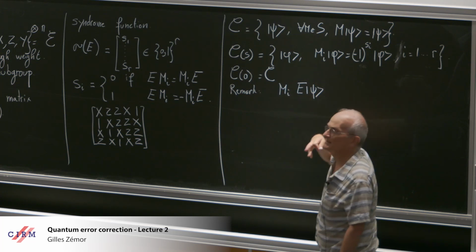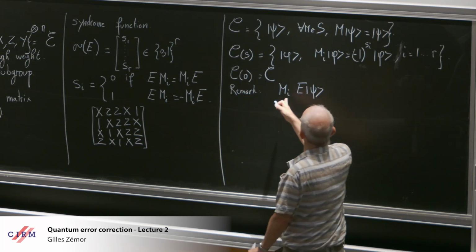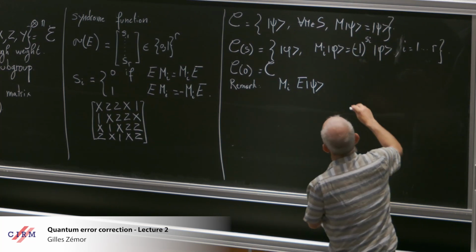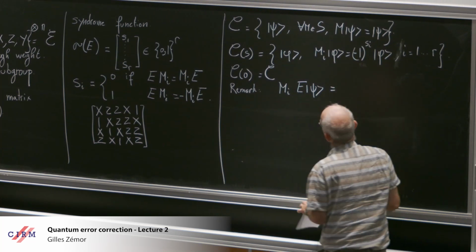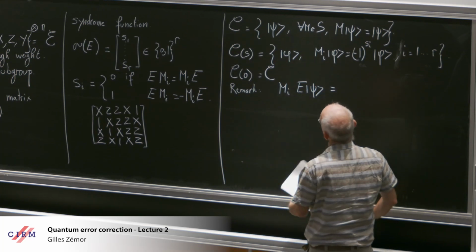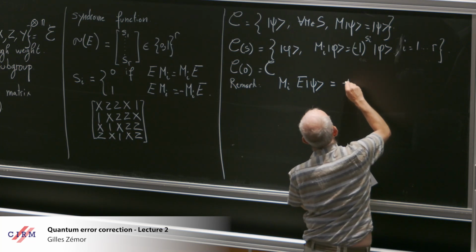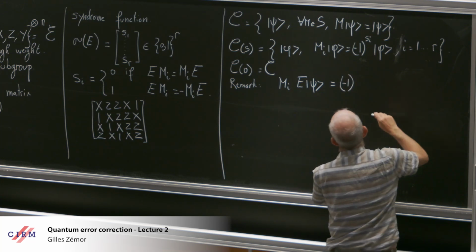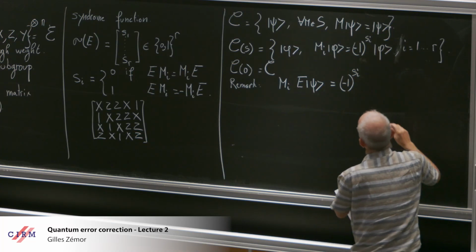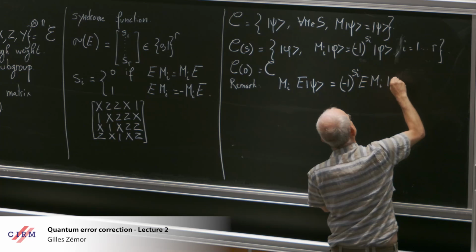E times psi is a corrupted state. What happens if we apply Mi to it? Well, it either commutes or anti-commutes with E, so it gets this factor in front of it, (-1) to the power Si, E times Mi psi.